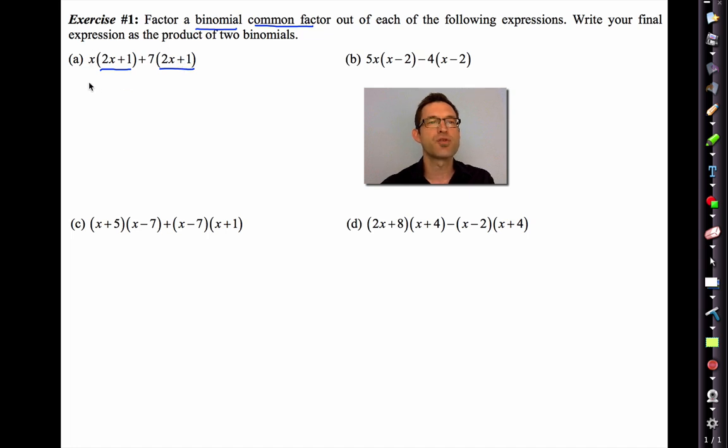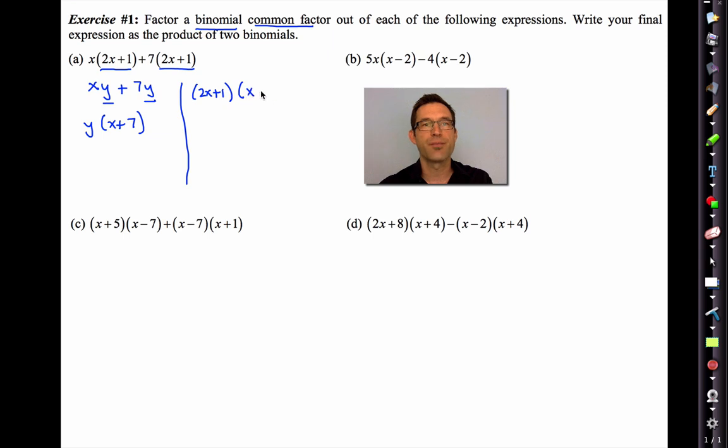Now, to me, this is really no different than looking at something like this. If we look at something like this, we can easily see the y, and we simply factor the y out, and we're left with x plus 7. We have exactly the same kind of scenario here. I'm going to factor that 2x plus 1 out, and then of course that was multiplying an x, and it was multiplying a 7, and that's it.